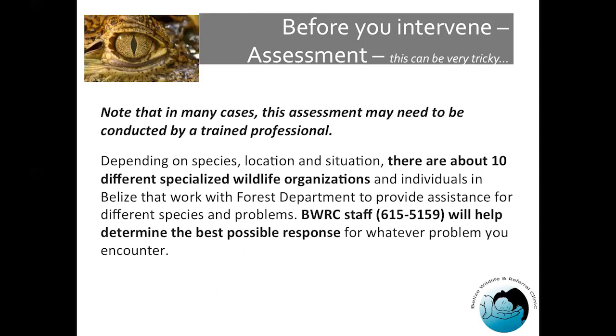Here in Belize, we do have a hotline that was created to do just that. And we do have a list of about 10 different specialized organizations and some more individuals that work with the forest department to actually provide advice and assistance for different species and problems.